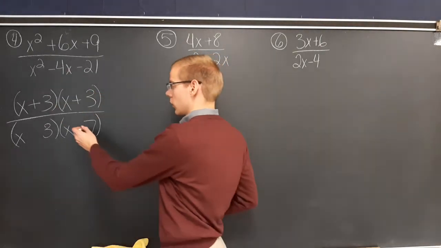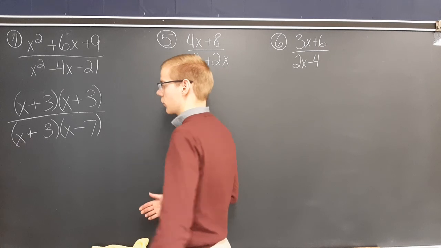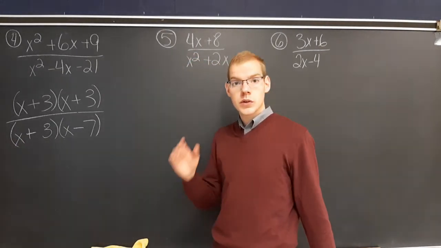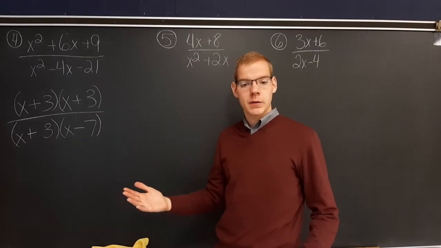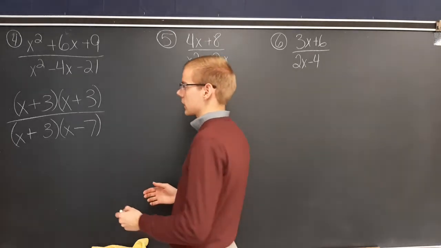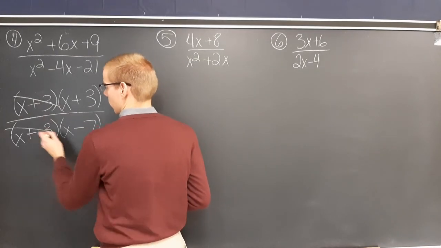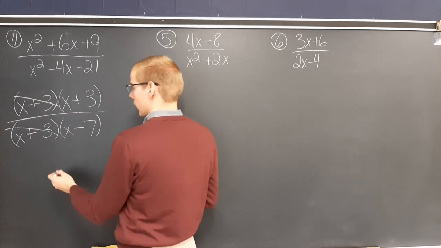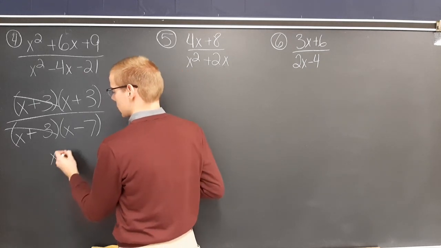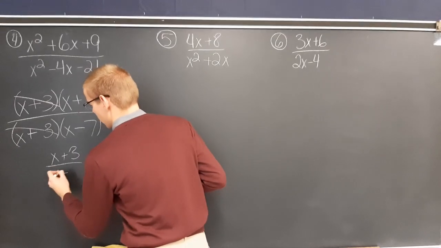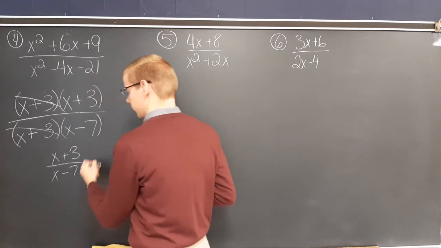The largest one. So, positive 3, negative 7. So now we go on and simplify. That's the main part of this lesson. So, these two are alike. Your answer is this: x plus 3 over x minus 7.